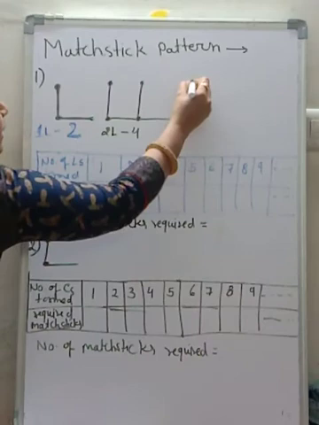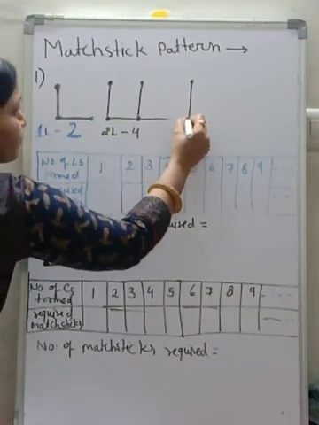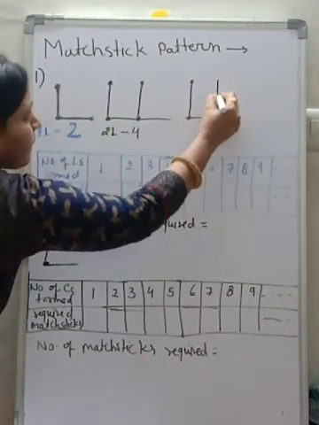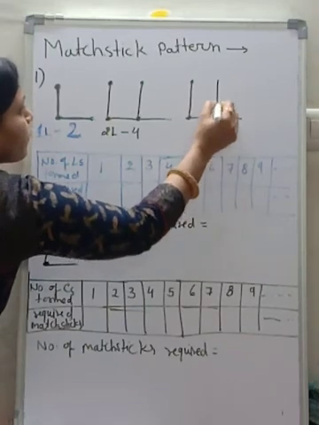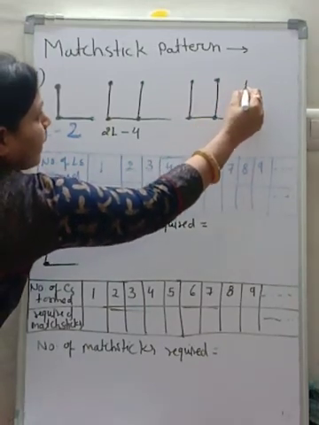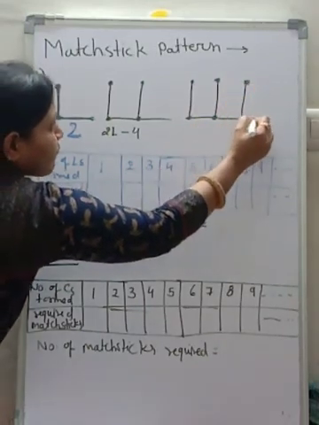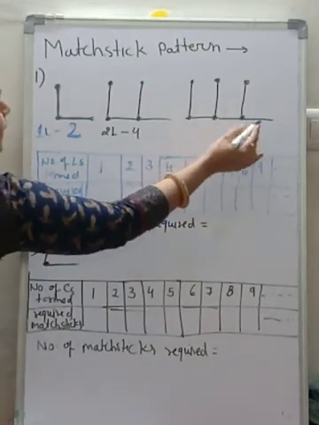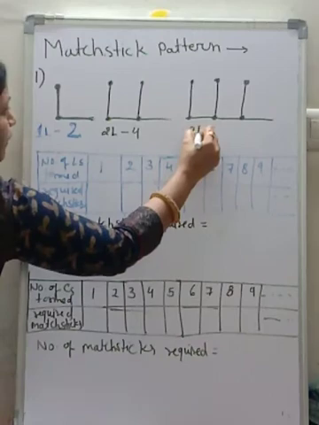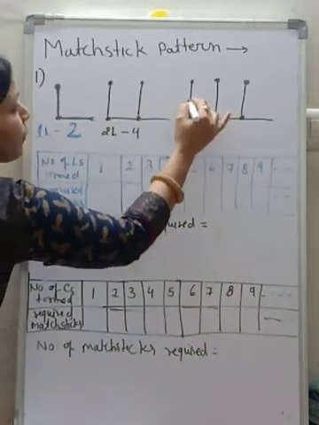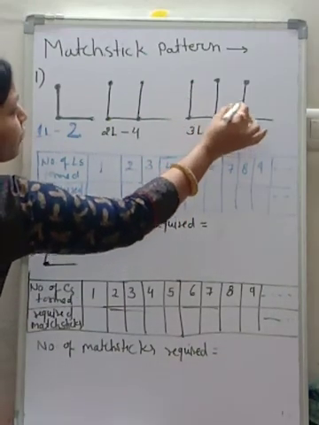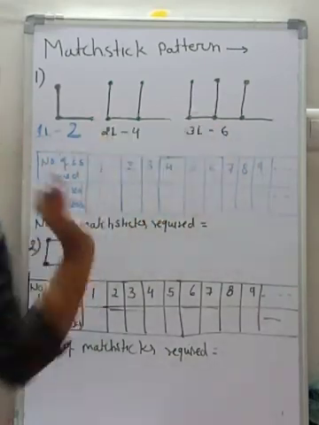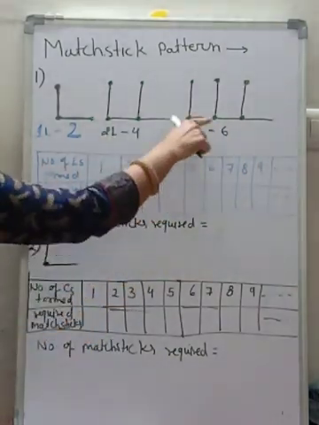Similarly, you have to make 3 L's: 1, 2, 3, 4, 5, 6. It means 6 matchsticks are required for making 3 L's.